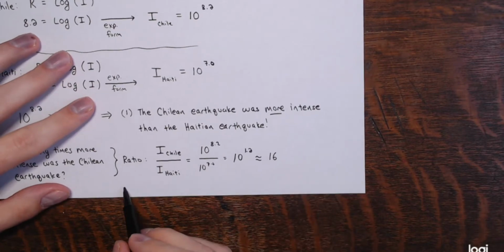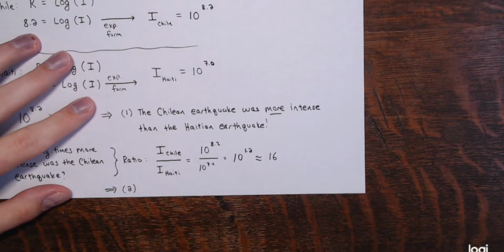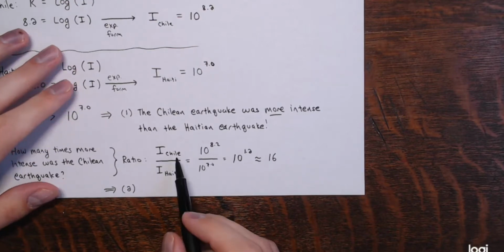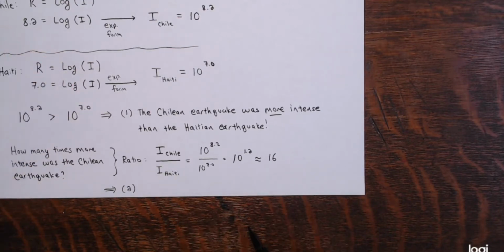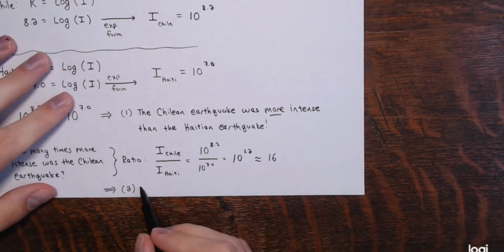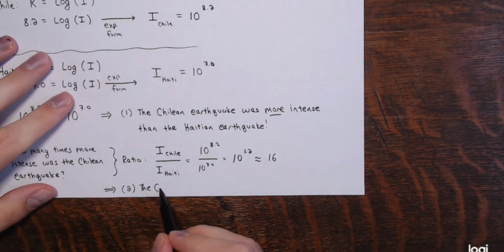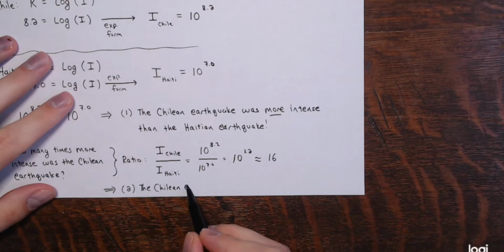So the second thing I can say, and this is a little more interesting because it has a number involved, the Chilean earthquake was about 16 times more intense than the Haitian earthquake. I'll just say quake, to save writing.